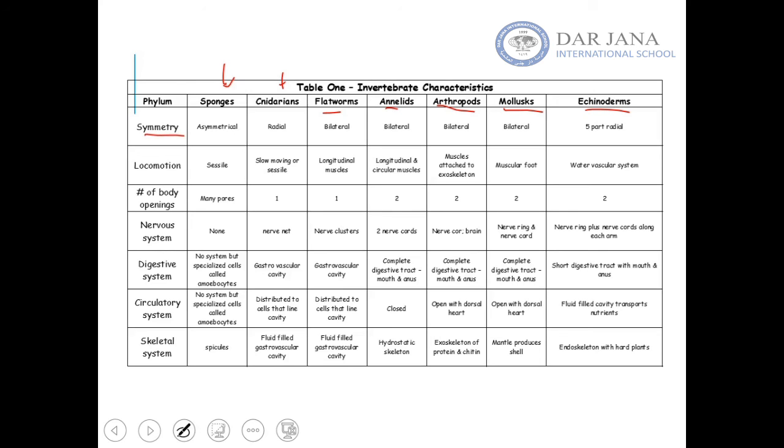The type of symmetry, as we said during the explanation: sponges are asymmetrical, cnidarians radial, flatworms bilateral, annelids also bilateral, arthropods bilateral, mollusks too, and echinoderms, they have radial. Okay, they said 5-part radial symmetry. Do they move? Locomotion. When I say the word locomotion, it means whether they move or they don't. Okay, so this table helps you for your information, like a summary for the lesson.